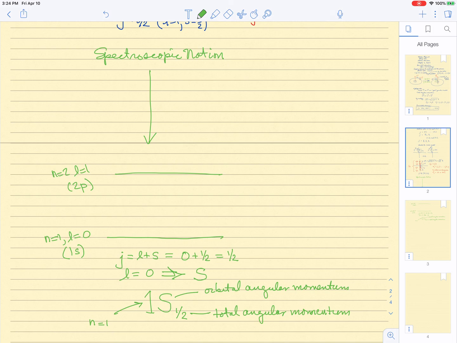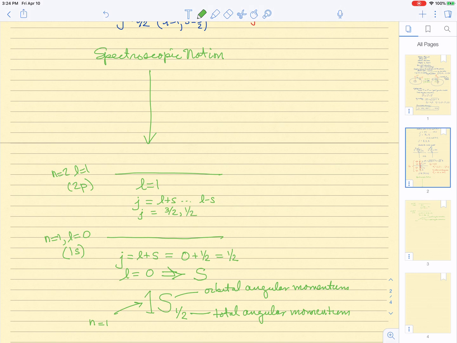So now what we have is n equals 2, L is equal to 1. Okay, so an electron in this state can have a total angular momentum of L plus S to L minus S, which means that this is going to be then 3/2 and 1/2.